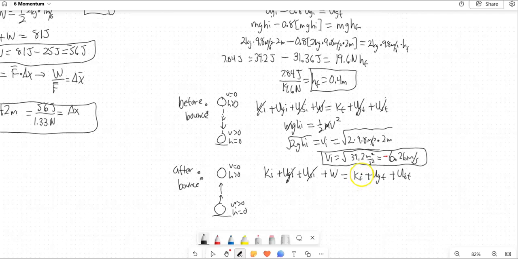When it reaches its maximum height, it's not going to be moving, it will have potential energy due to gravity, and no springs are touching it. Since it's in free fall during this last part, there is going to be no work. So what we're going to have is an initial kinetic energy, which is going to be equal to a potential energy. So this is going to be 1/2 mv squared. So this is what we're going to be solving for. That's the velocity right before leaving the ground. Okay.